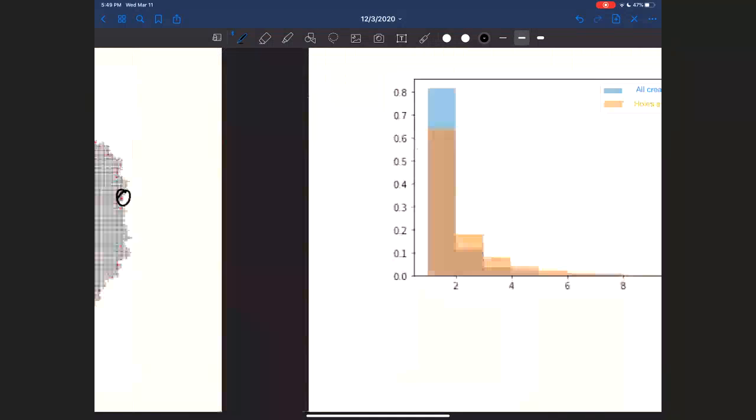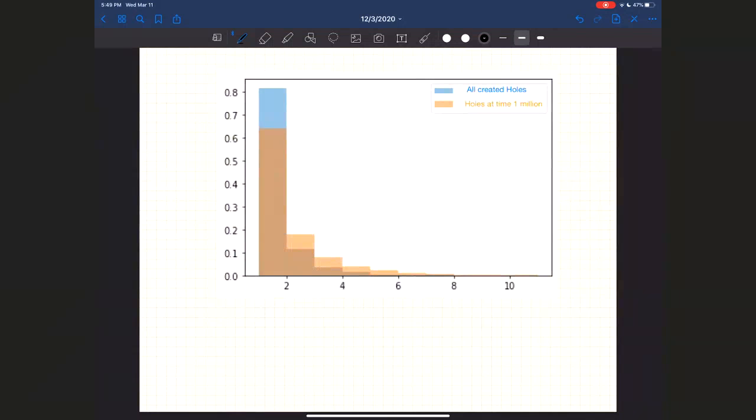Okay, so I wanted to show one example. So here we're looking at time 1 million. So we let the cell growth model run for 1 million. That's the time. So we have 1 million tiles.